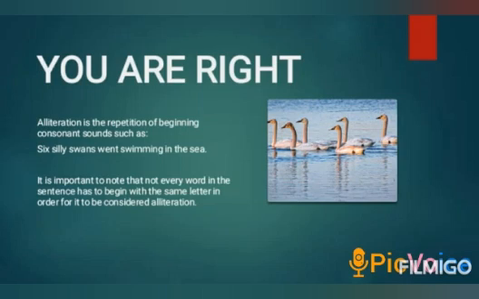If the same sound is repeating at the start of the words, it means this is alliteration. As we have seen in the previous examples as well, the consonant sound is repeating at the beginning of every word.